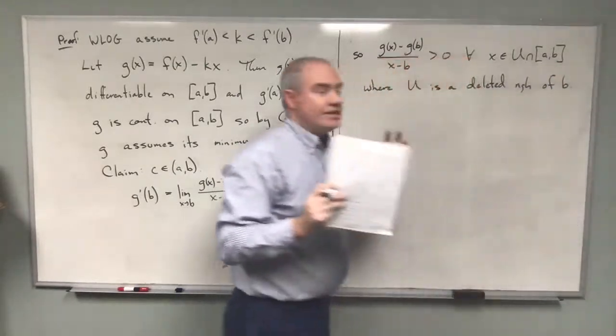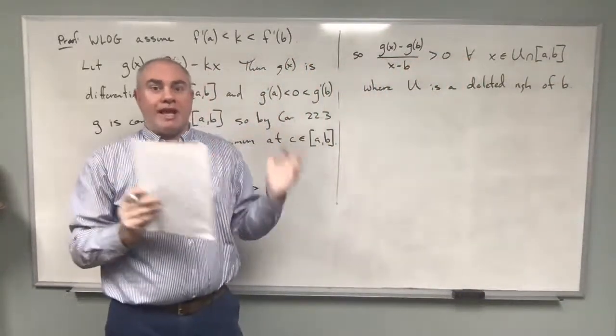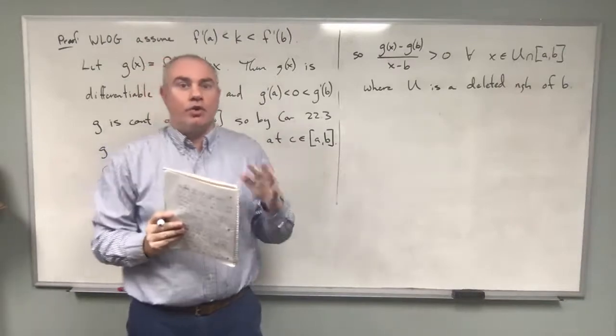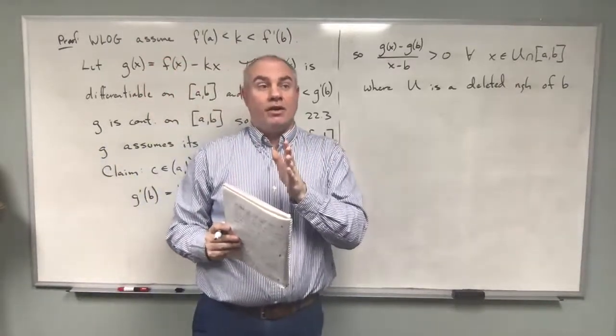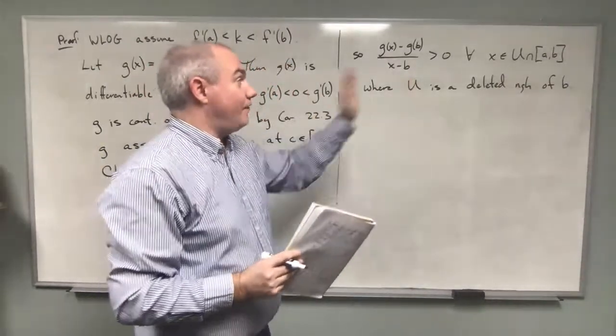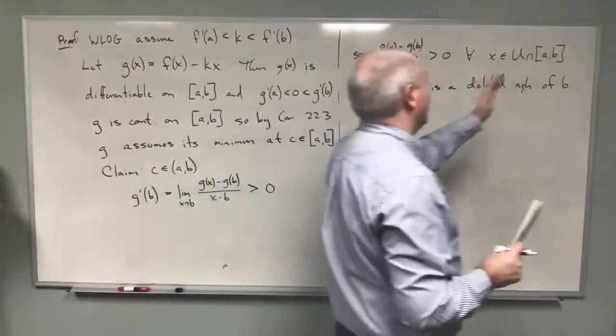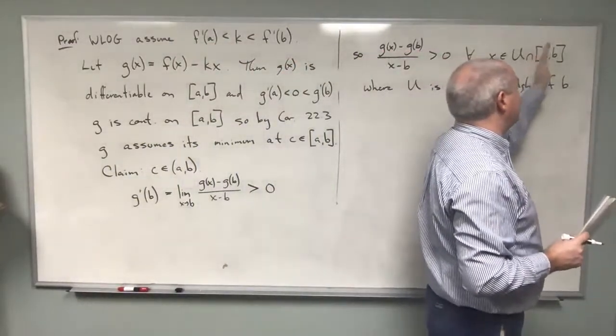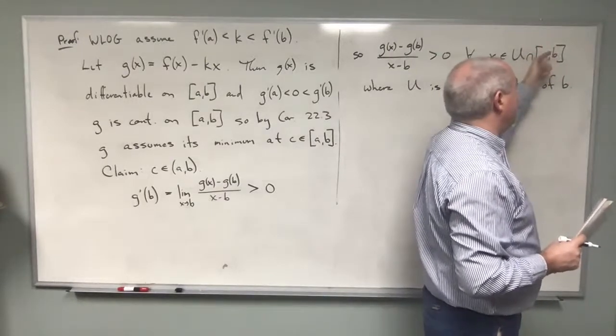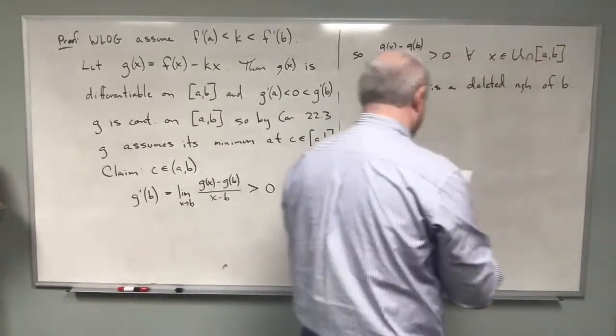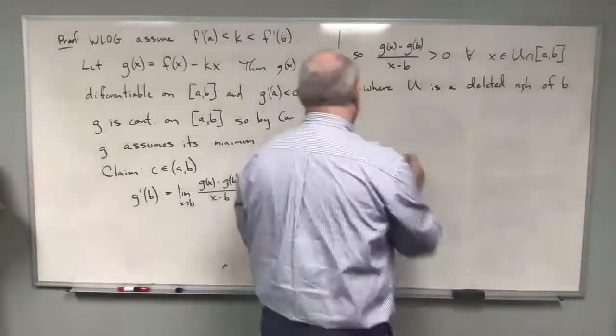So if you're inside of that deleted neighborhood and you're inside of [A, B], the only points that aren't B are to the left of B, right? So if we're only talking about points that are in this interval coming at B, it's to the left of B, okay?